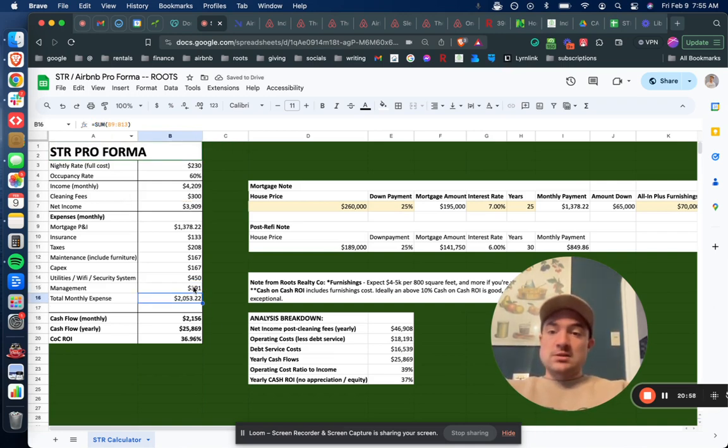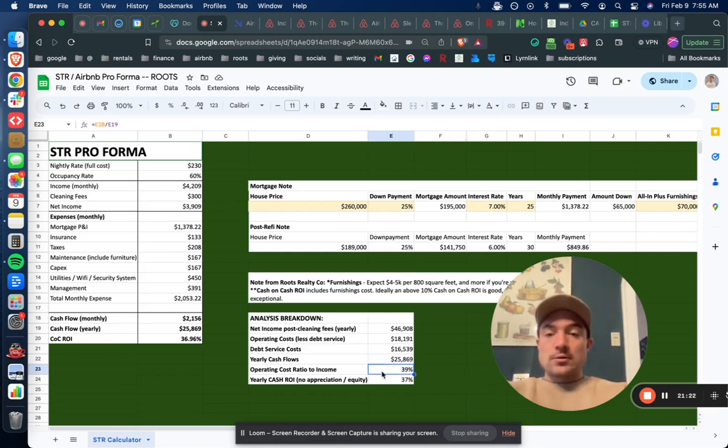Now, if I'm managing this myself, I'm probably at 10%, just from an operator doing it with me, which puts me under that 40. So that changes that drastically. However, your time is involved. So if you want to not be dedicating weekends, nights, tons of messages to guests, you want a manager. That 20% is going to be well spent.